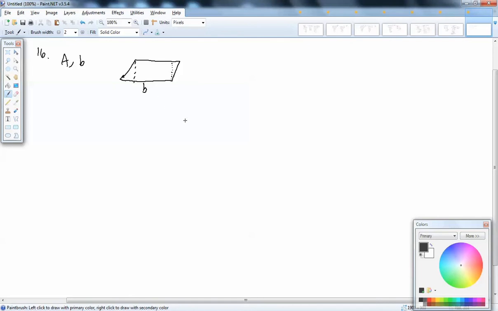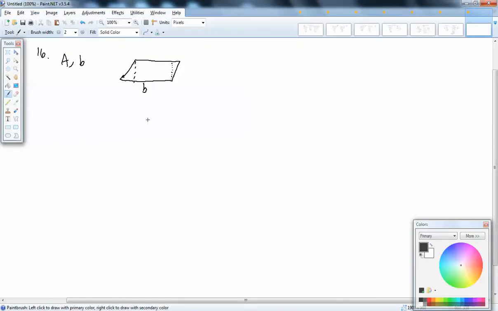Let me look up the area of a parallelogram. It's height. That's going to take forever. Okay, well, let me grab a book somewhere here. I could probably just work it backwards.